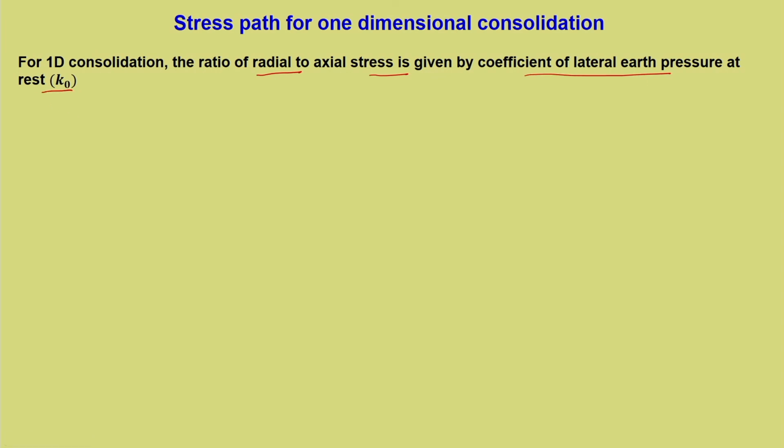Now, we presume that there is no lateral strain that is happening, and that is exactly what is simulated in an oedometer. It has got an infinite confinement because of this metal container or metal cylinder, to be very specific, the metal ring in which the soil is placed. So, we do not allow any lateral strain to happen.